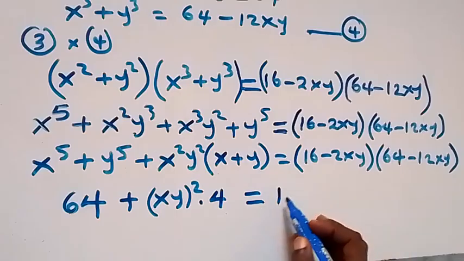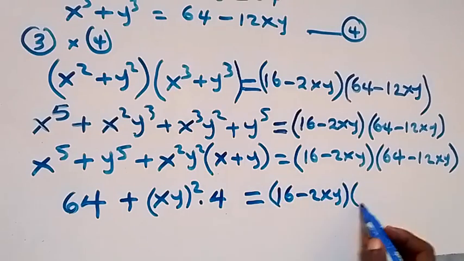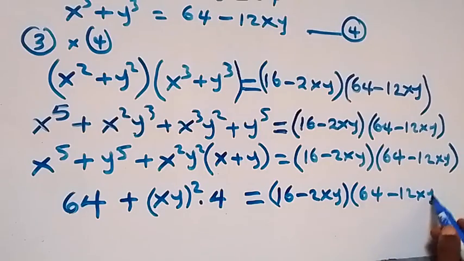Then from here we still have 16 minus 2xy, multiplied by 64 minus 12xy. Then from here we can factor 4 out, so 4 into bracket.